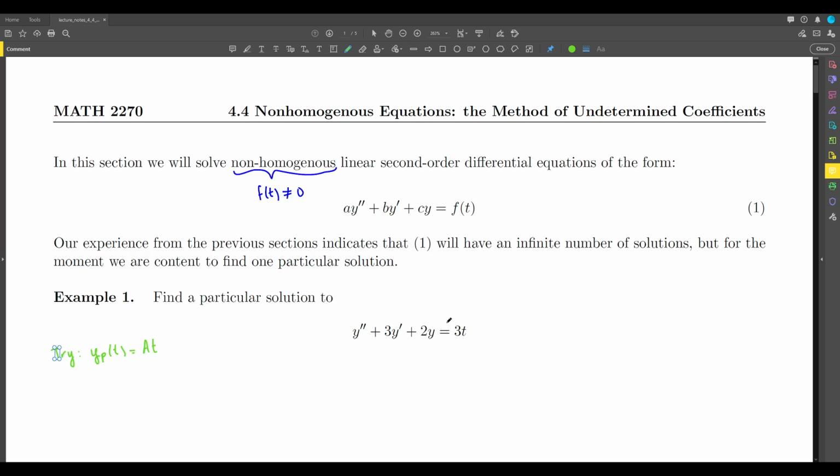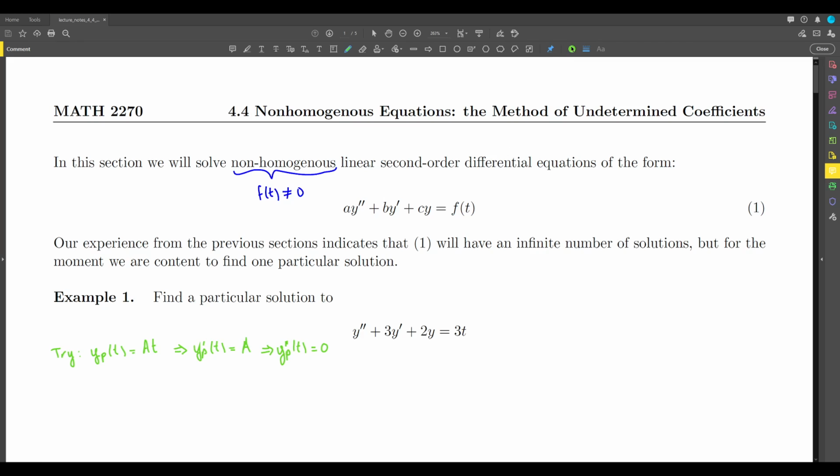So our educated guess is that our particular solution will look something like the function on the right. Then the derivative yp'(t) is just the constant a, and the second derivative yp''(t) is going to be 0.